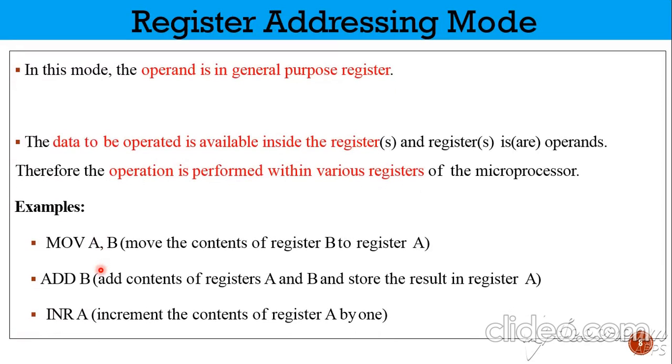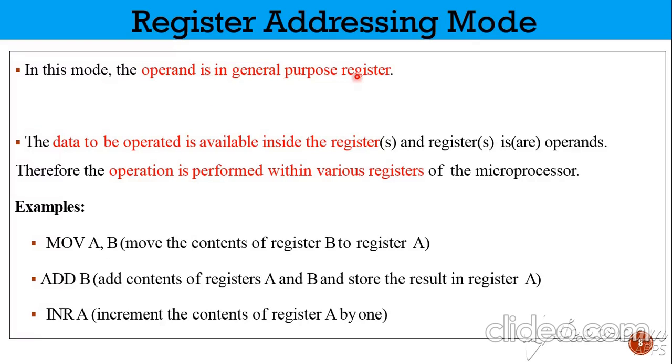Then register addressing mode. In register addressing mode, the source and destination will be registers. For example, MOV A, B means move the contents of register B to register A. So the operand will be available in registers in the case of register addressing mode.